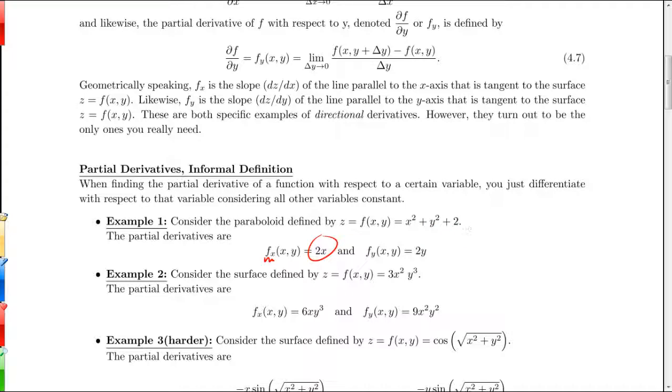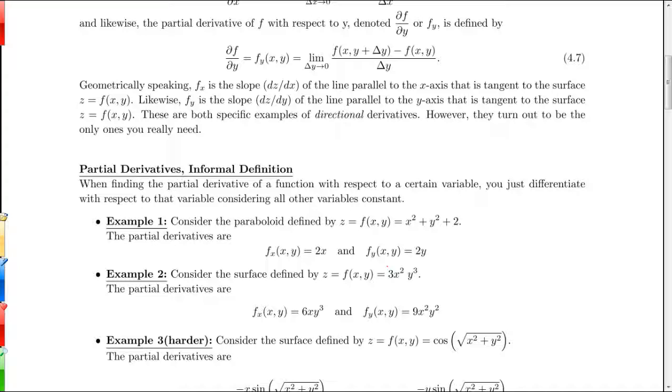And likewise, f sub y, the partial of f with respect to y, well, that's a constant, so it goes away. That's a constant, this goes away. The derivative of y squared with respect to y is just 2y. Right? So you're just pretending the other variable is constant while you're differentiating with respect to the original.